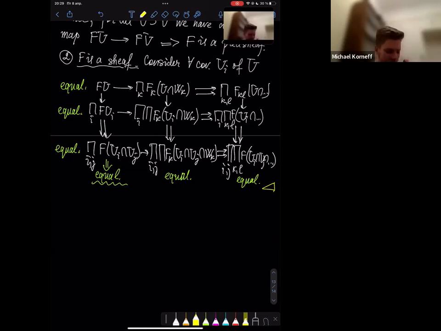But there is another method of constructing sheaves on the space. We can construct this by means of sheaves.